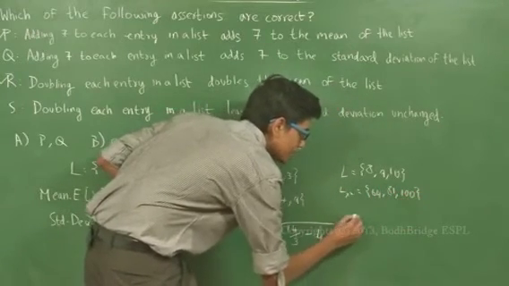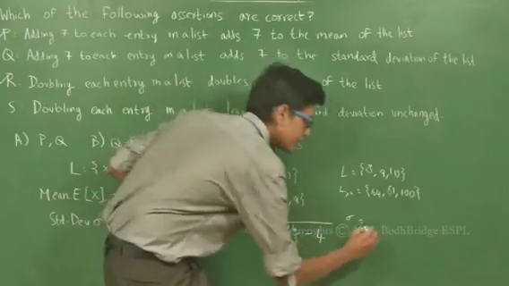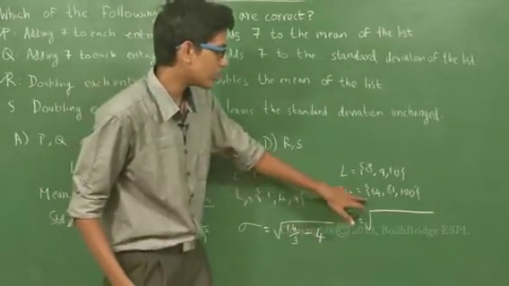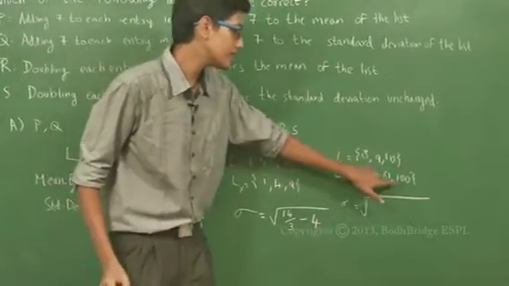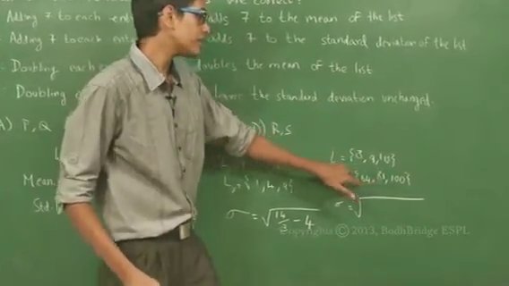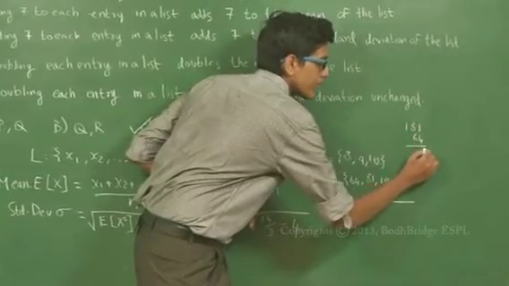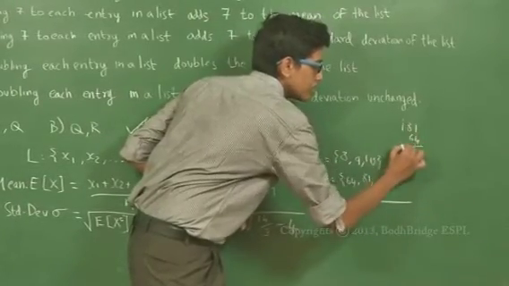Now sigma becomes the root of the mean of this list: 100 plus 81, 181, plus 64 is 245.